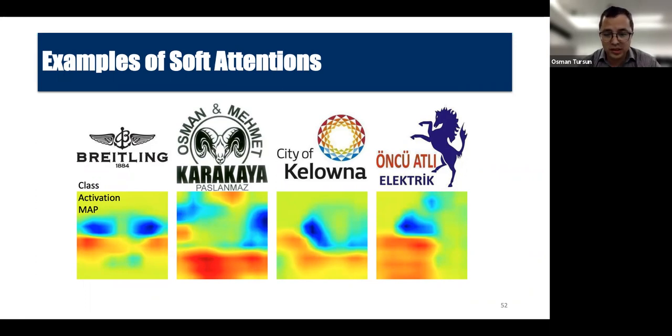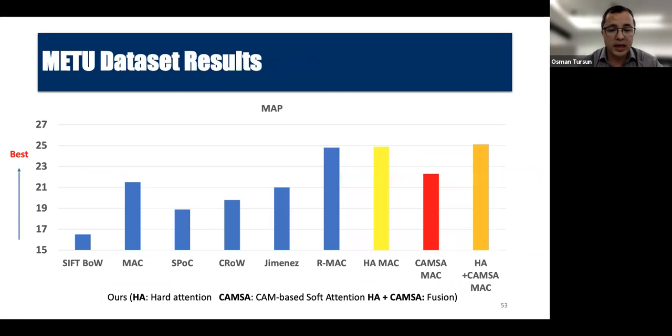By using this attention, we can enhance the features from the figurative region. If we look at our results on the multimedia data set, those blue results are other deep learning or handcrafted features, and the yellow and the red are our results.